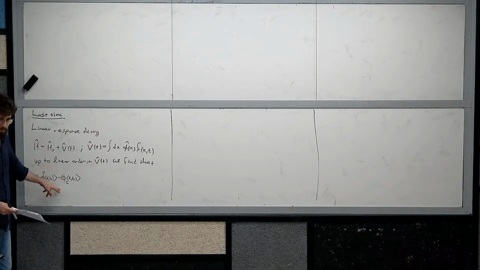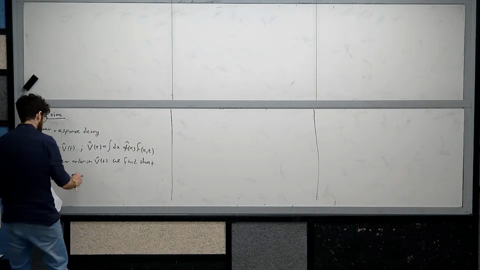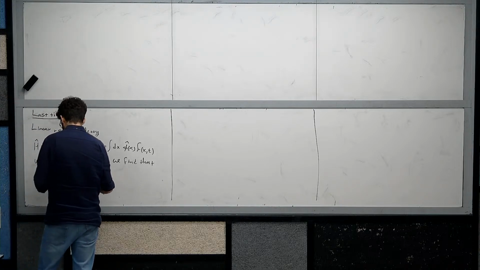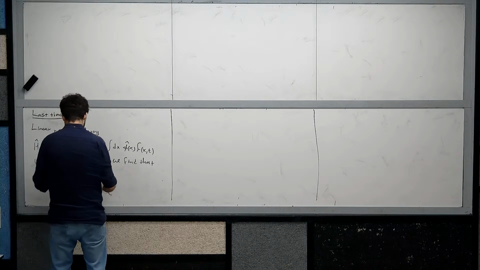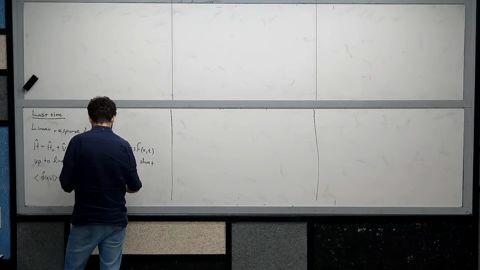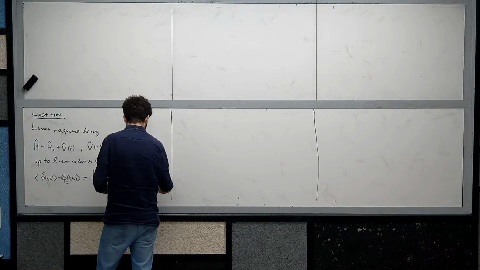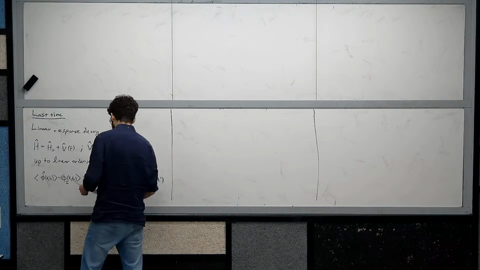So this is kind of the dynamics that doesn't interest us. So the difference between these two is given by minus I, the integral dt prime, the integral dx prime, times chi of x minus x prime, t minus t prime, f of x prime and t prime.